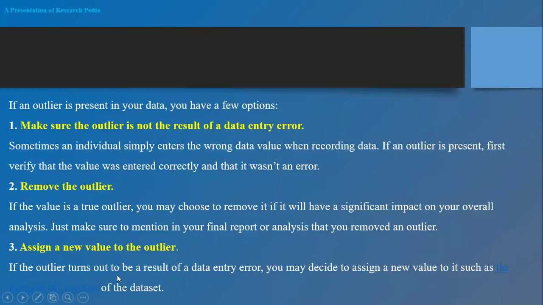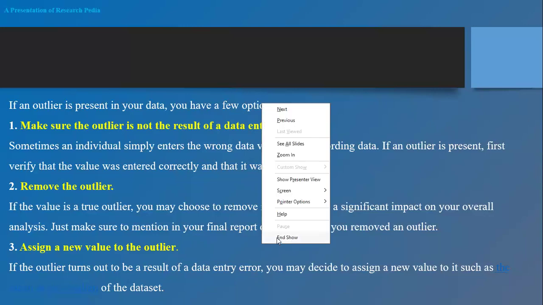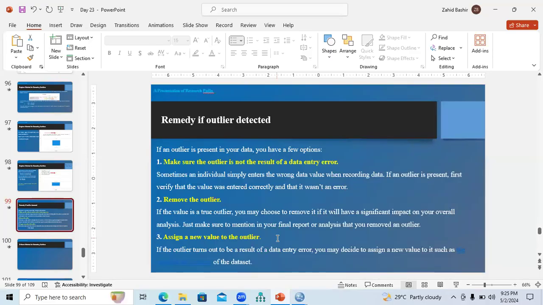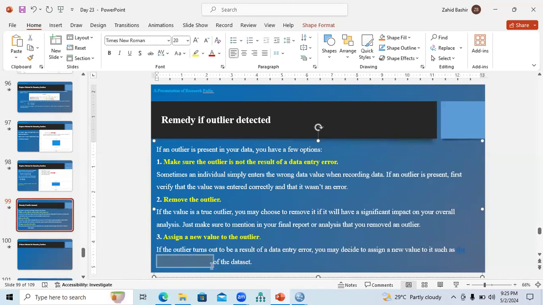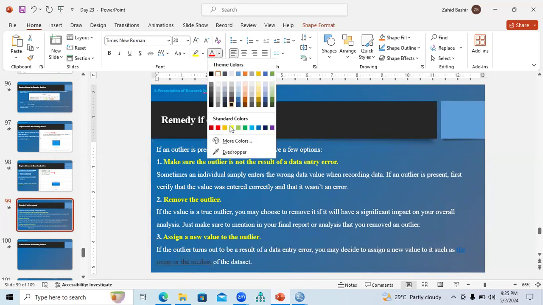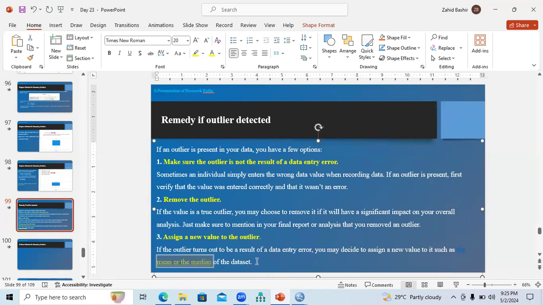If the outlier turned out to be the result of a data entry error, you may decide to assign a new value to it, such as the mean or median of the data set. Always remember that if you find out the reason why you have an outlier, such as a data entry error, or if you know the actual value, always try to replace it with the actual value, mean or median.